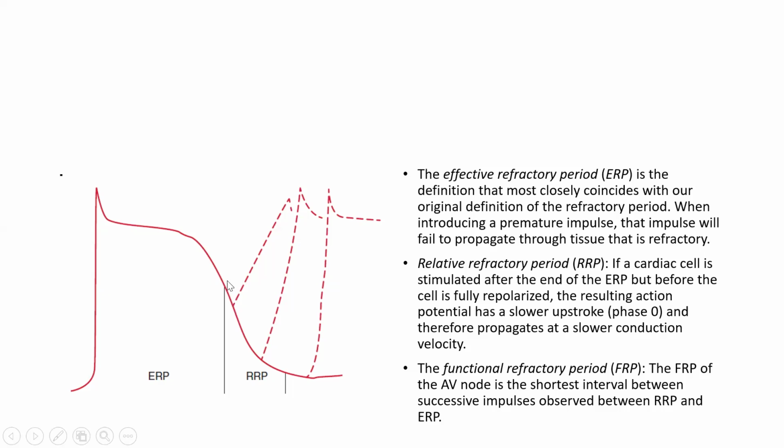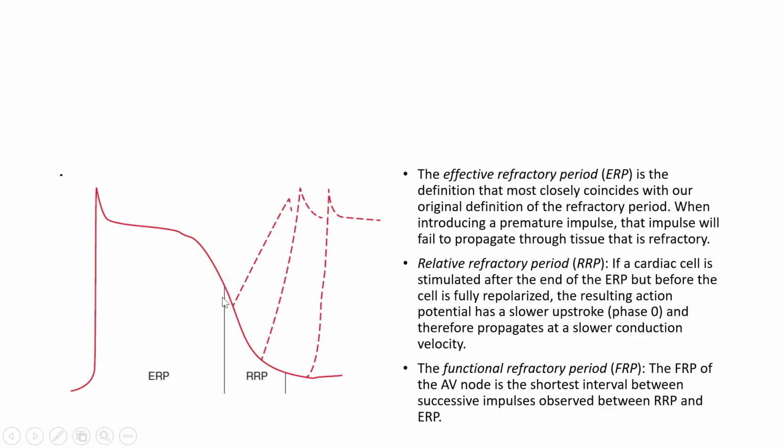But if you now stimulate it much earlier, it will not respond. So the shortest time interval between the earliest time you can stimulate this myocyte after its effective refractory period is called the functional refractory period.